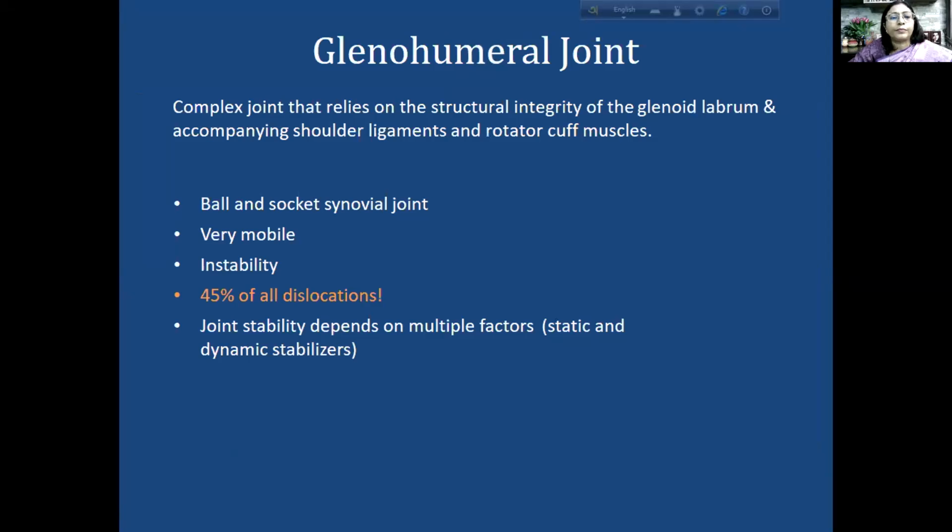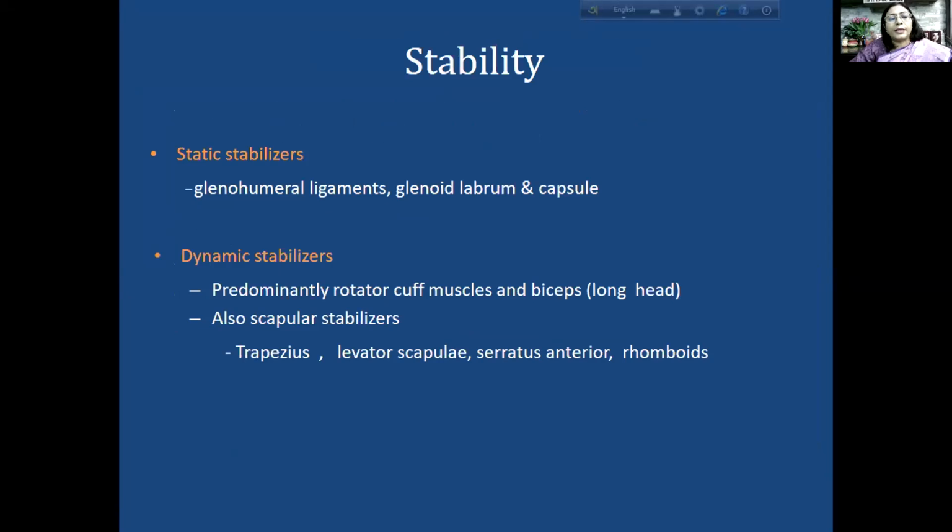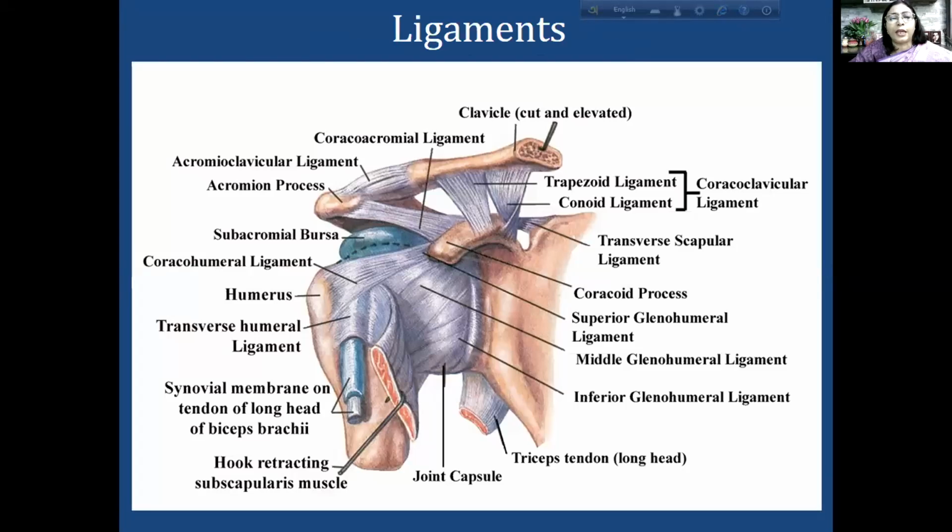The glenohumeral joint articulates in such a way that only the inferior one-third of the humeral head articulates with the glenoid cavity. This gives a wide range of mobility, but at the cost of its stability, where the static stabilizer of the glenohumeral joint is maintained by lots of ligaments.